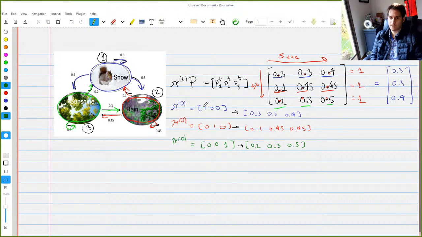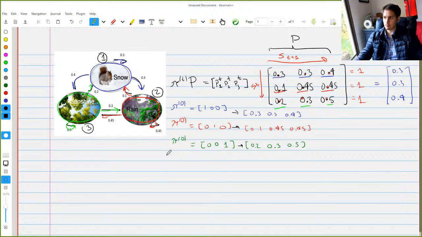So basically, if we put just a 1 in each state, we retrieve each row of the matrix of transitions. This is the matrix P, and that's what I meant by that. Thank you.